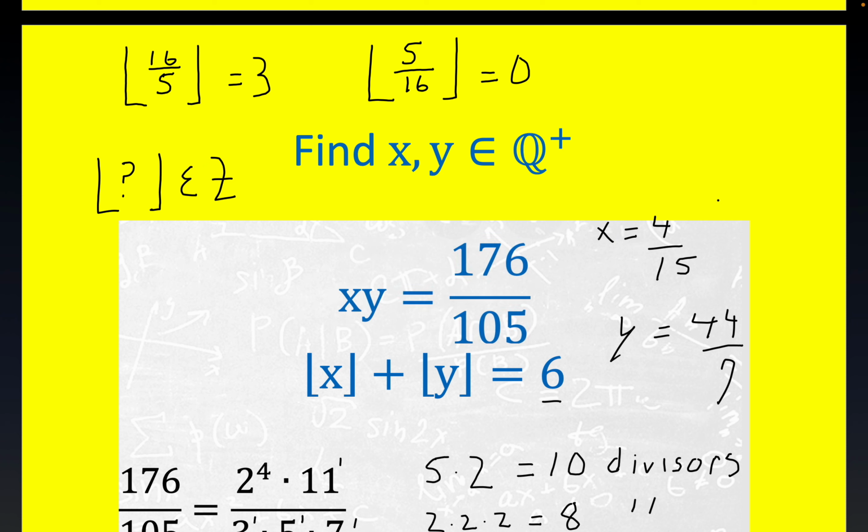This has a floor of 0. Floor of x is equal to 0. And then the floor of 44/7 is 6.